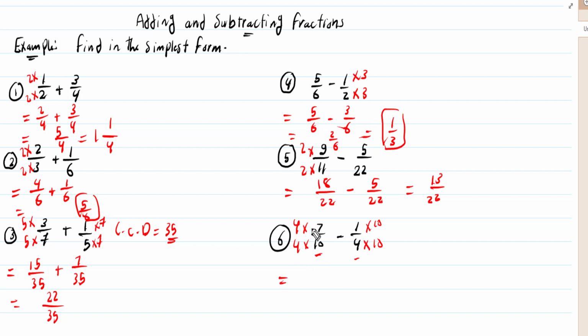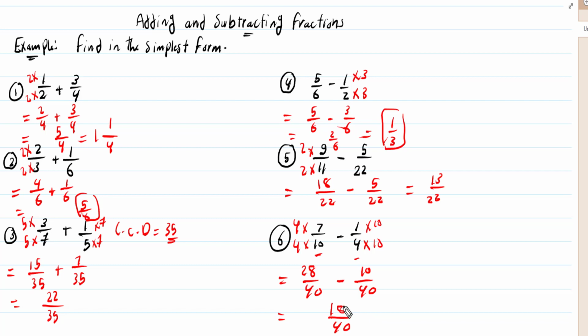So the first fraction will be 28 over 40 minus 10 over 40. We keep the same denominator, which is 40, and 28 minus 10 will be 18.